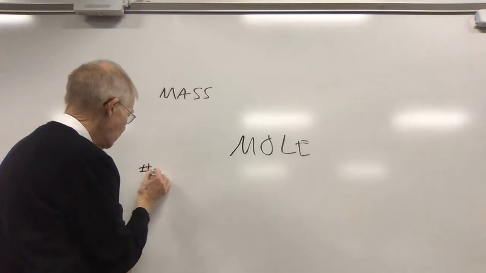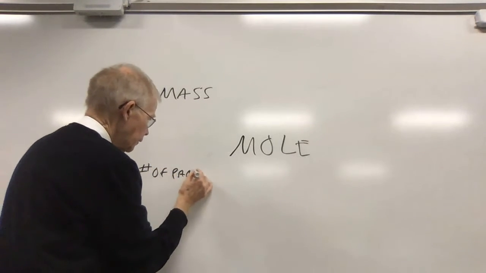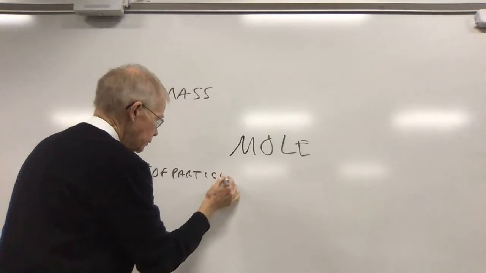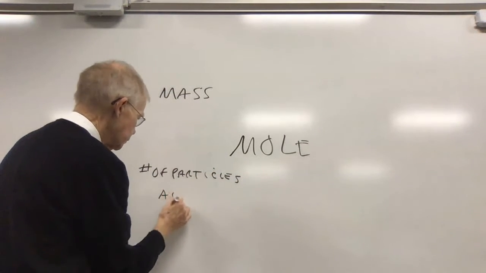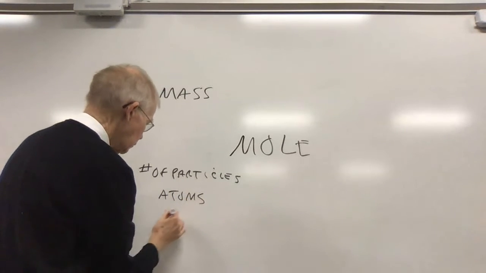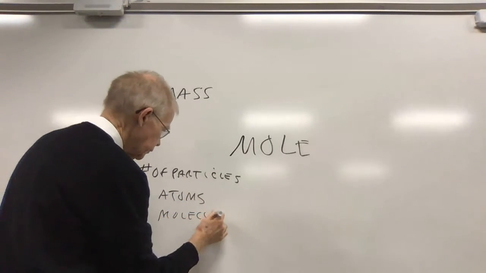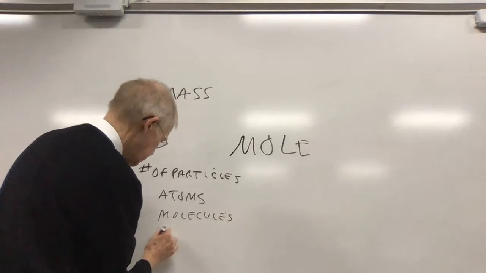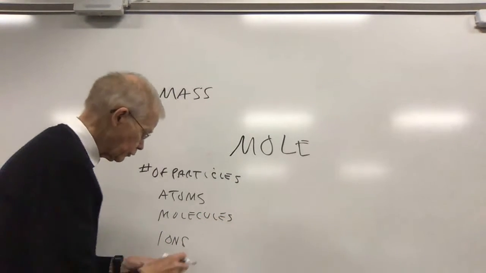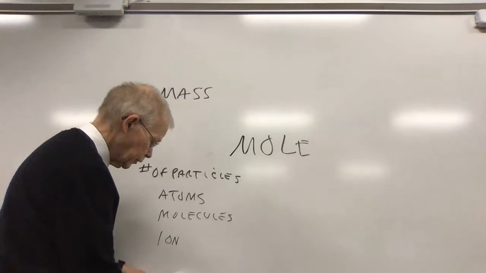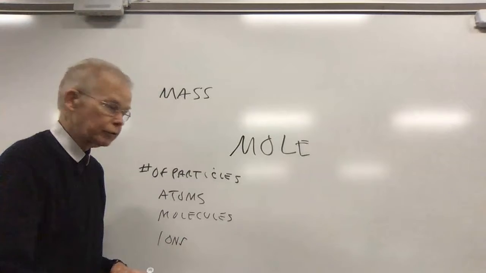Over here, I'm going to put number of particles, and those particles could be, I'm going to list them here, atoms, molecules, or even ions. And you could count and you could measure a lot more things than just these, but these are the typical ones that we deal with when we're doing chemical conversions.